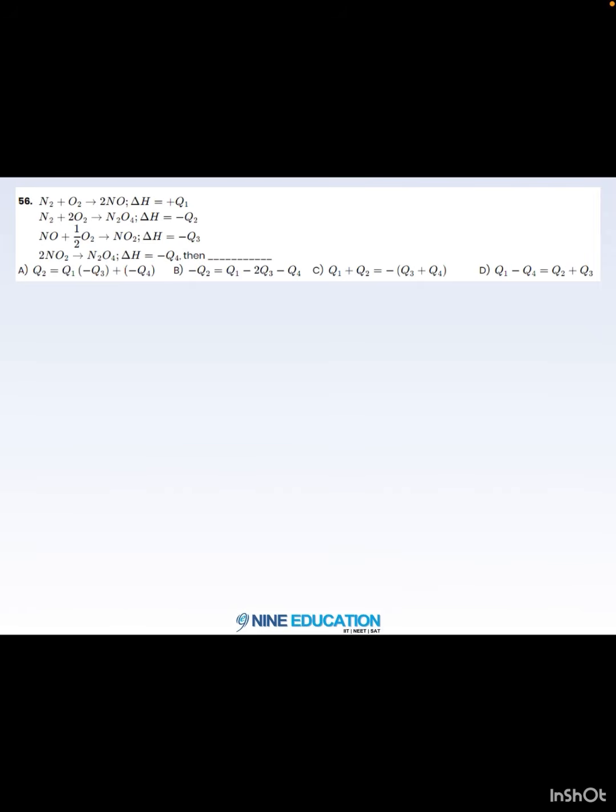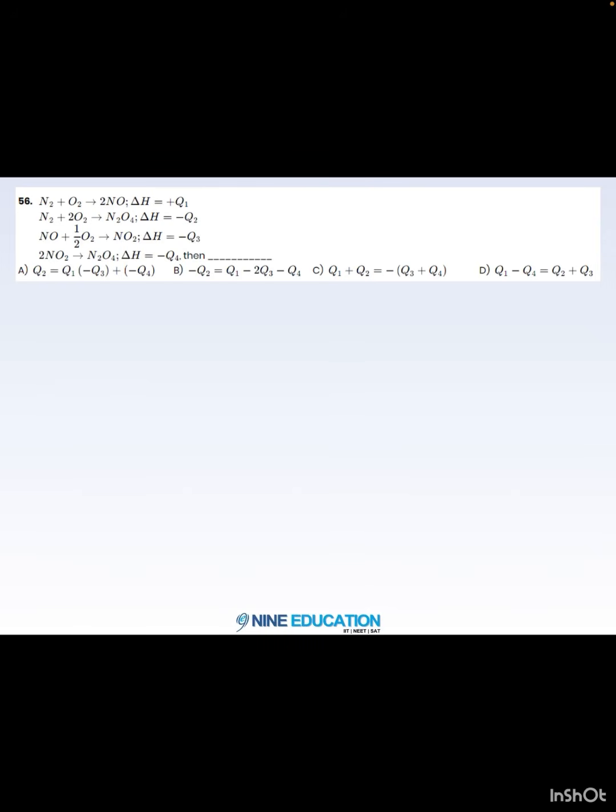Here the next question is 56th. We are having N2 plus O2 giving us 2NO, and the delta H for this is plus Q1. Next we are having N2 plus 2O2 giving us N2O4, and delta H for this is minus Q2. Then we are having NO plus half O2 giving us NO2, and delta H is minus Q3, and then we are having 2NO2 giving us N2O4, and delta H is given as minus Q4.